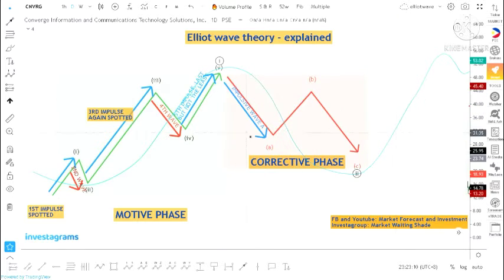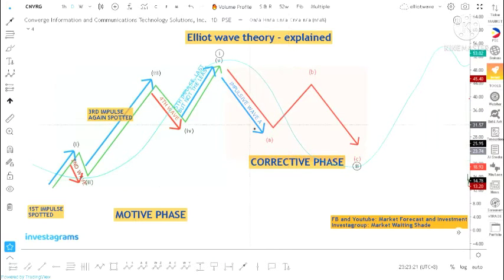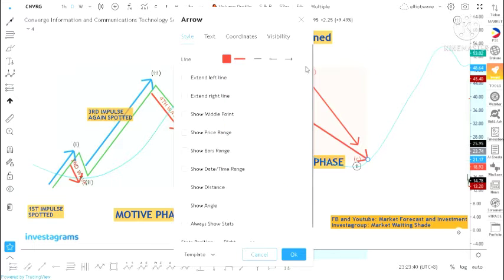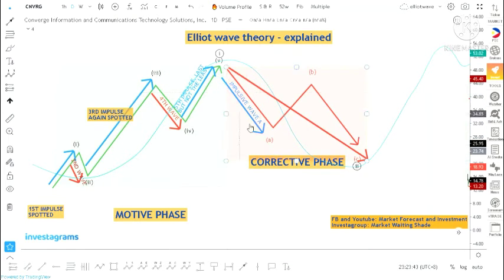Alright, so if we say an impulse, it doesn't mean that it's going up. Here I explain that the impulse is a wave structure or wave direction that is directed to the main trend. Since our main trend here is directed downwards, this first wave coincides with the direction of the corrective phase.